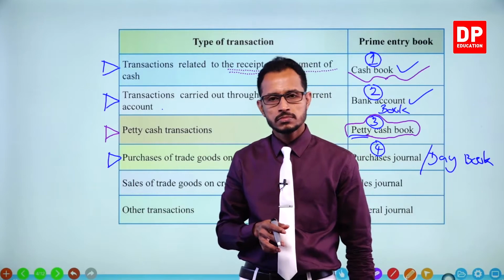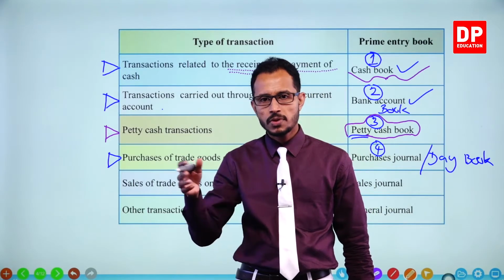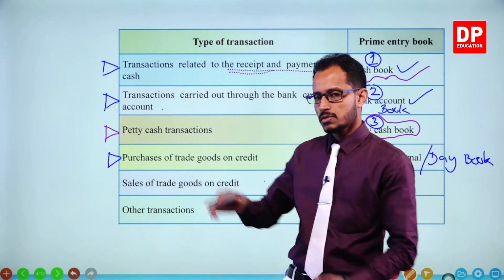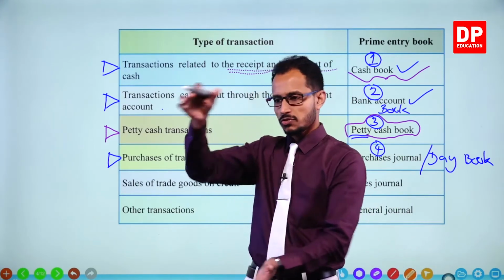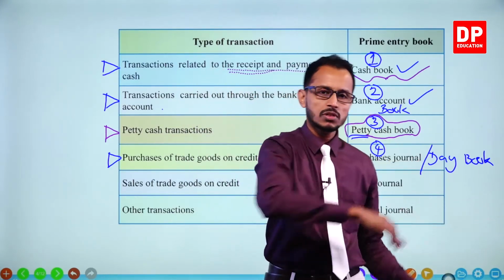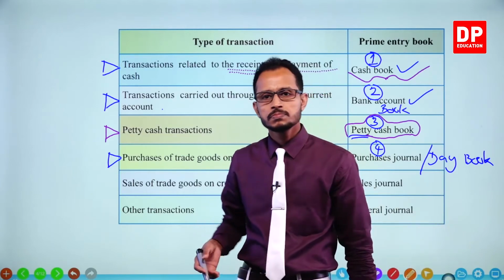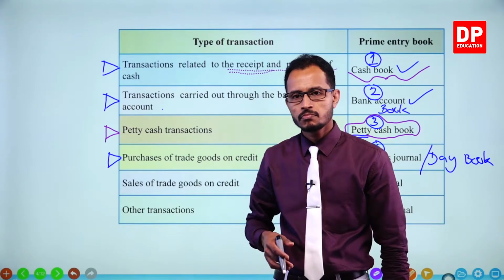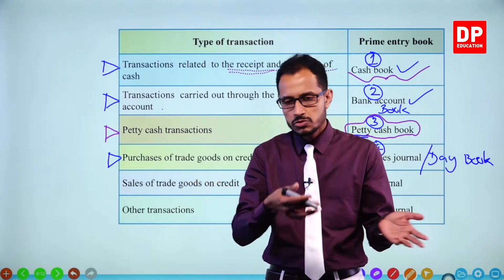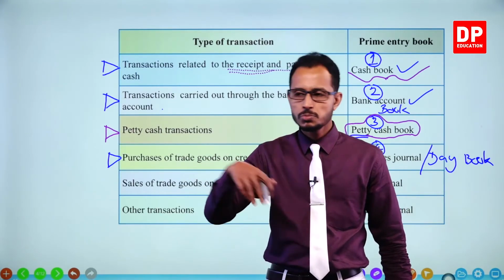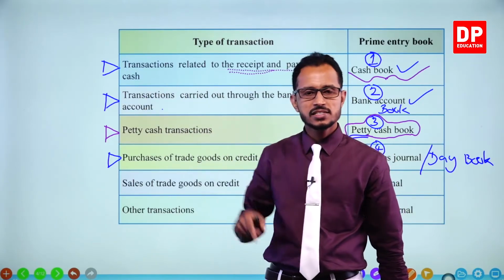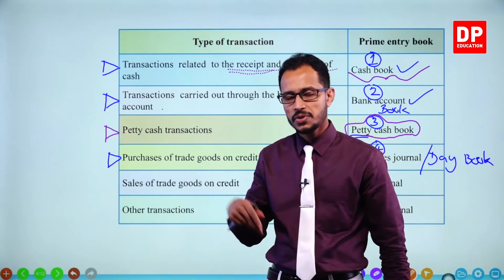That stock you bought from the supplier, right? A box of chocolates and a box of Marie biscuits and a box of cream cracker biscuits. All the goods bought to be resold. I mean, you need goods to sell to your customers. Those goods you purchase, you buy from suppliers, right? The supplier is let's say the Munchie company.